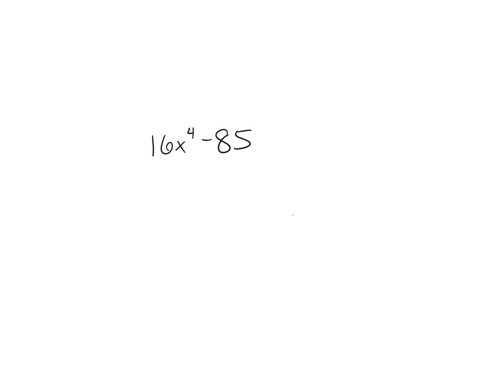When we're doing long division, those are very important. We have to have placeholders for them. So we're going to have a placeholder for x cubed. I'm just going to do plus 0x cubed. It's just a placeholder. Did we have an x squared to begin with?